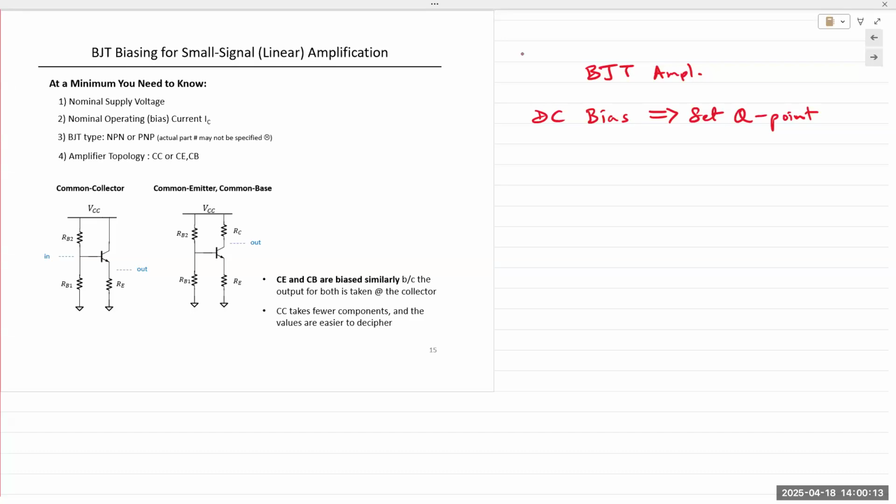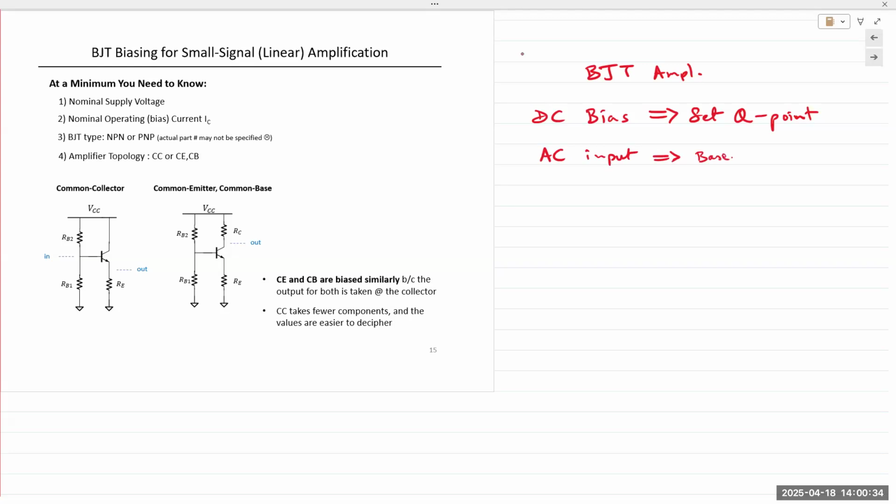And then when it's set in the middle of the active region, now it's ready to accept an AC input signal. So AC input signal is applied. And let's just, for convenience sake, let's just say it's to the base.